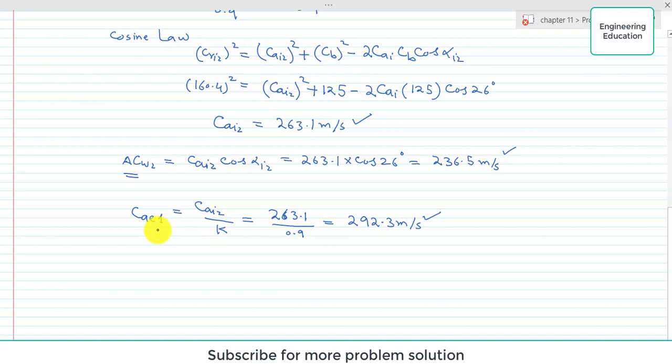Now finding other velocities in triangle 1, first row.